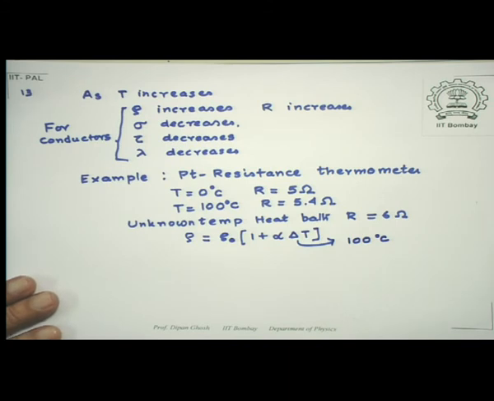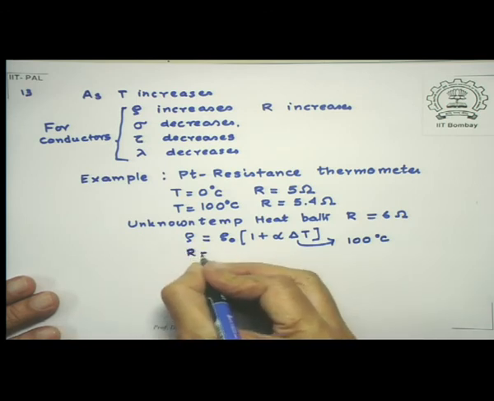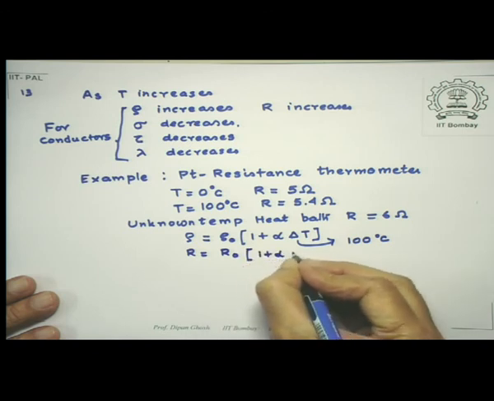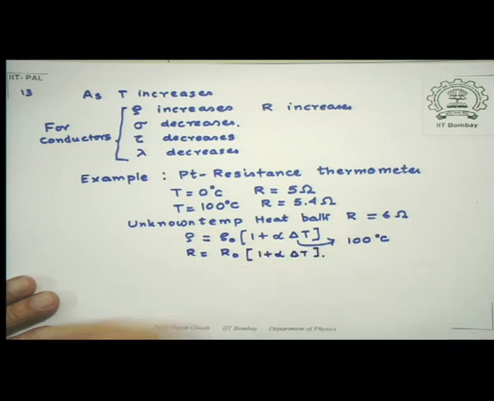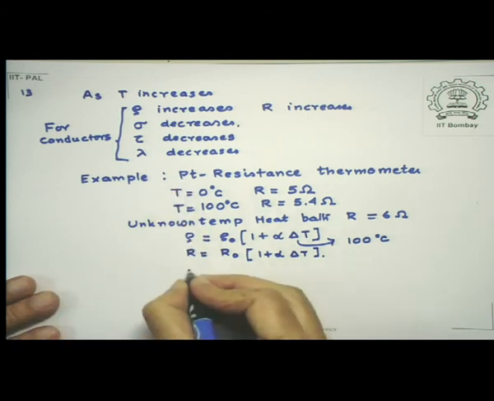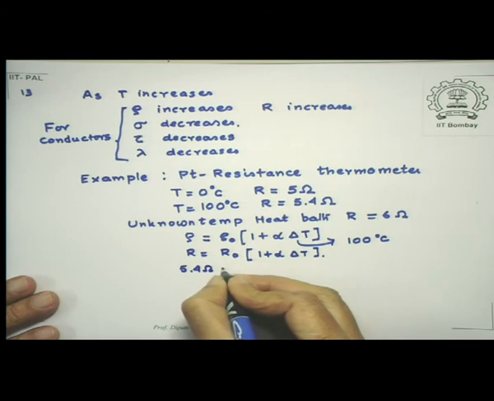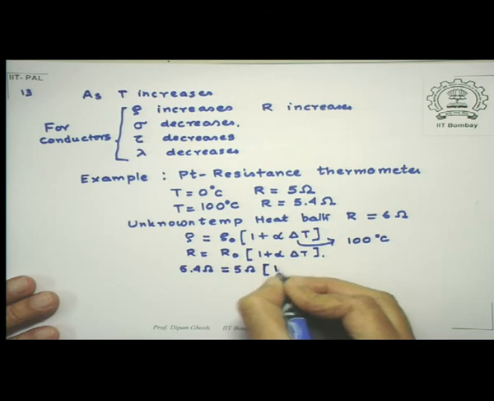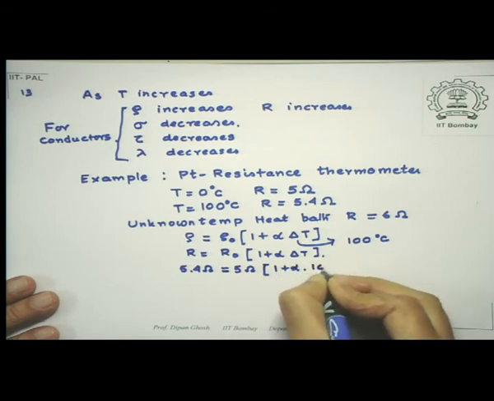Now, since we are talking about a particular sample, the resistance obviously follows the same rule because the dimensions have to be multiplied on both sides. So resistance R also follows R0 into 1 plus alpha times delta T. So if you substitute the given values, 5.4 ohms is equal to 5 ohms into 1 plus alpha times 100.